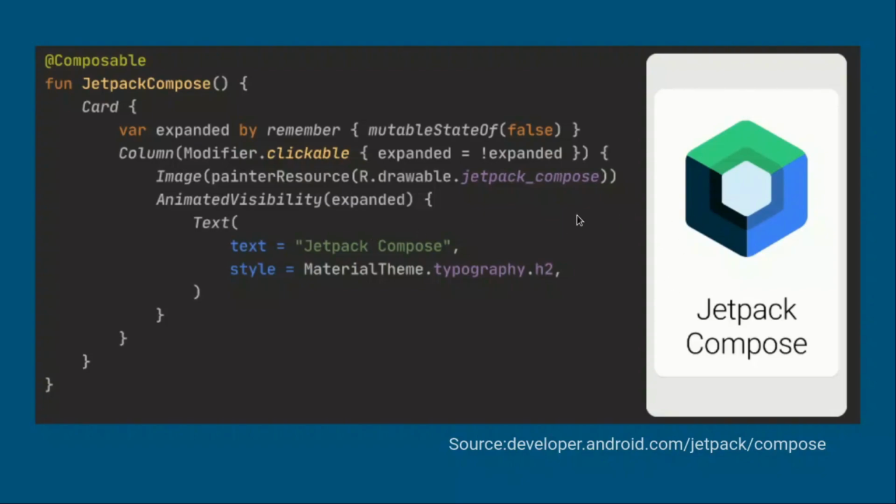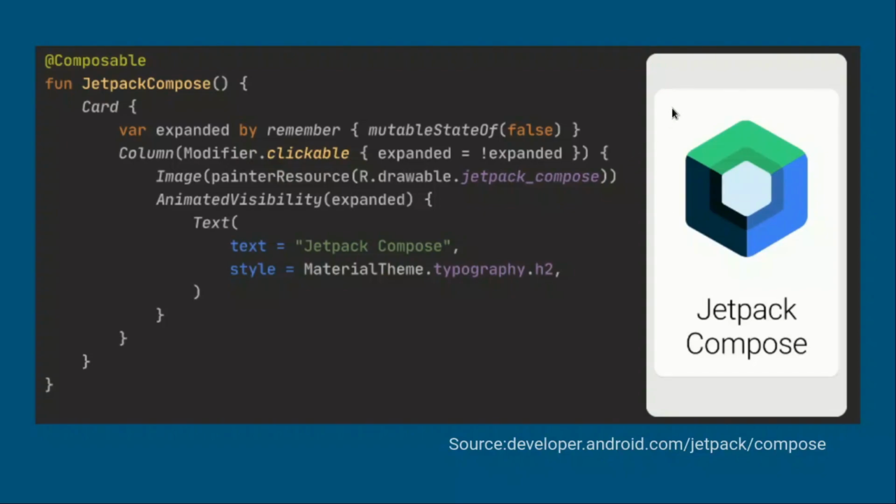For example, here we have two states: collapsed and expanded. As you can see here, we have defined this state, expanded, and it is wrapped inside a mutableStateOf, and by default it is false. So by default, this text here is not going to be viewable unless a user performs an action.